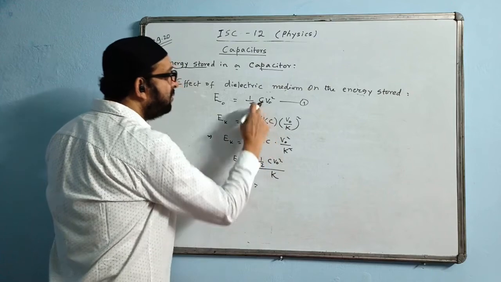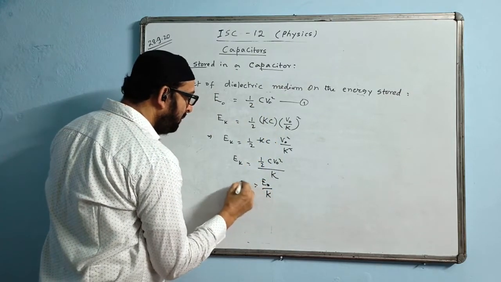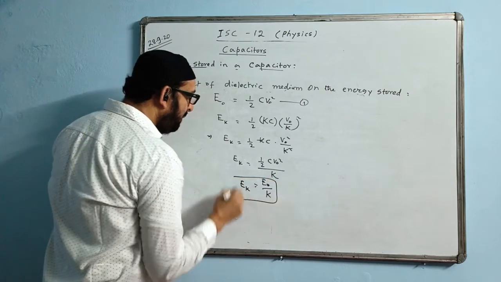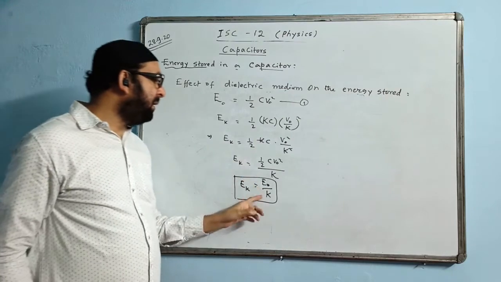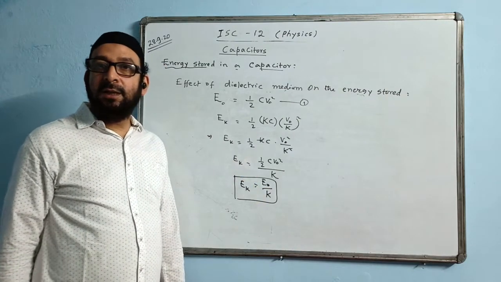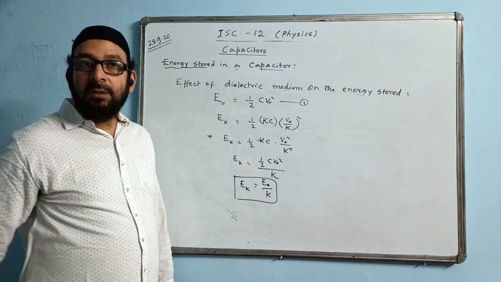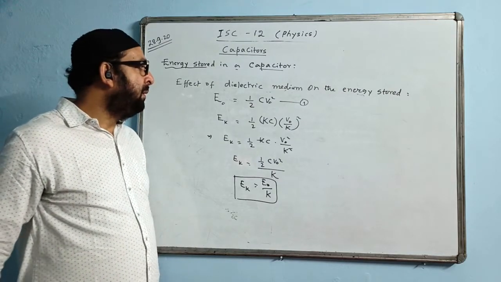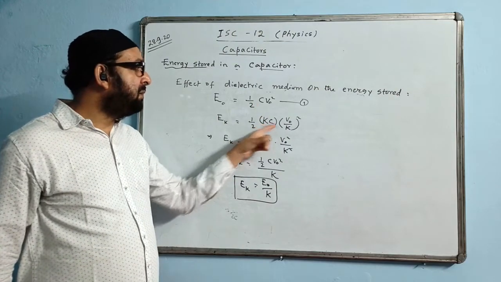Half C V naught squared is the value of E naught. So E naught divided by K. That is, energy stored in the presence of a dielectric medium now becomes 1 by K times E naught. It is decreasing by 1 by K times. It does not increase, so it gives a wrong impression. People think that the capacitance increases by K times and they do not consider the potential.